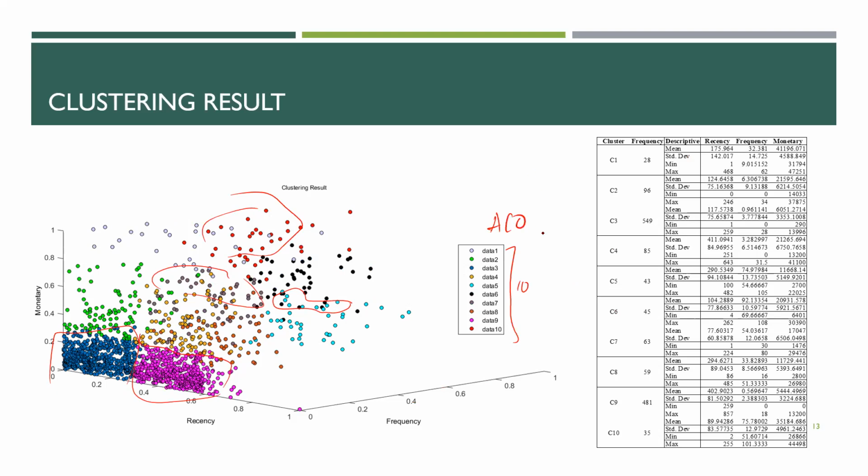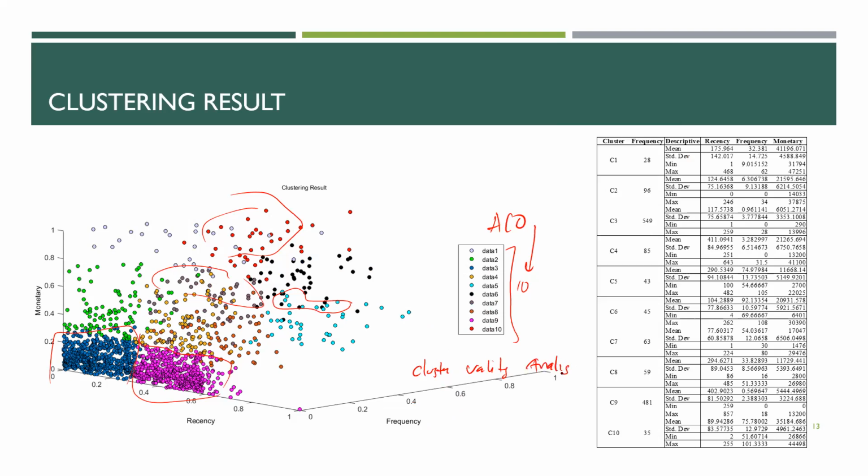The ACO algorithm gave me the answer that for this data, 10 clusters is the best. Okay, so we show this result, and after that, of course, I also give the cluster validity analysis.